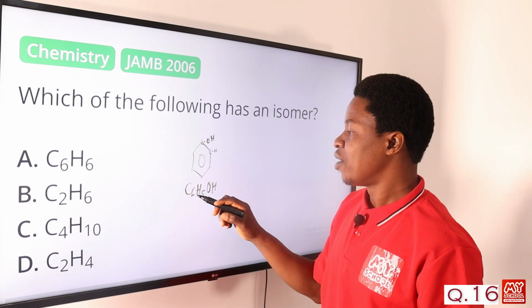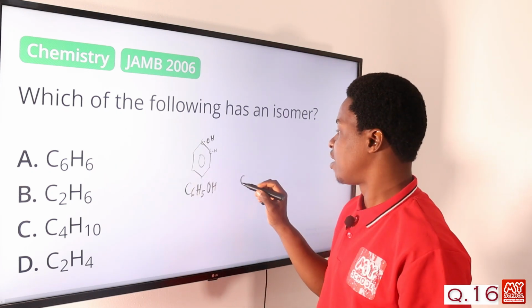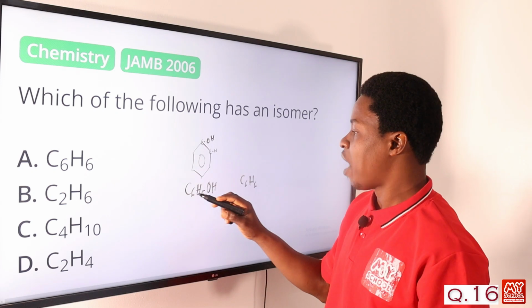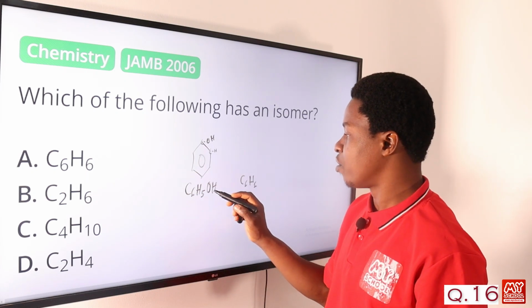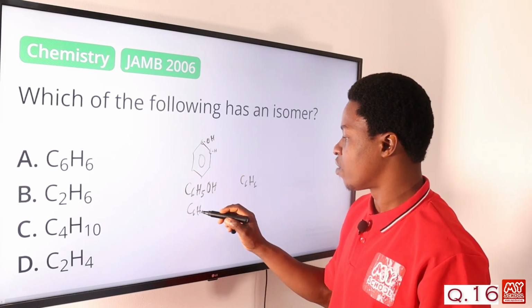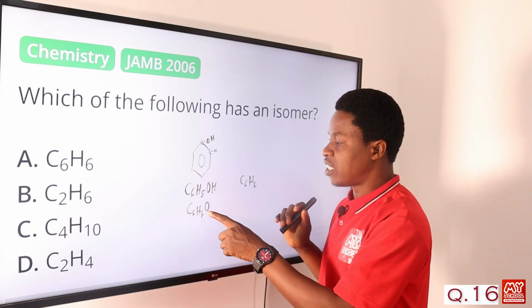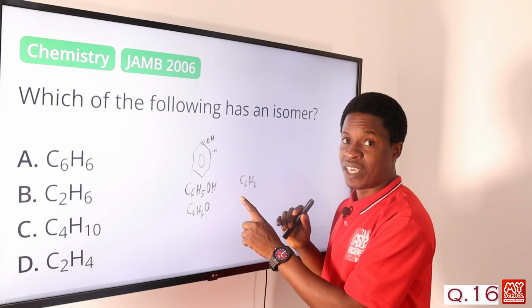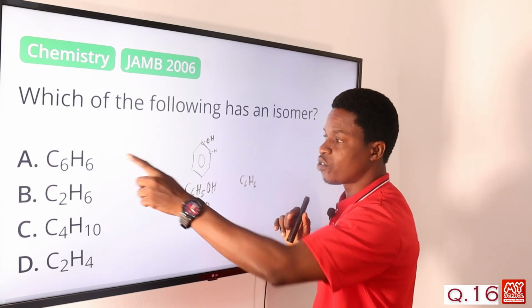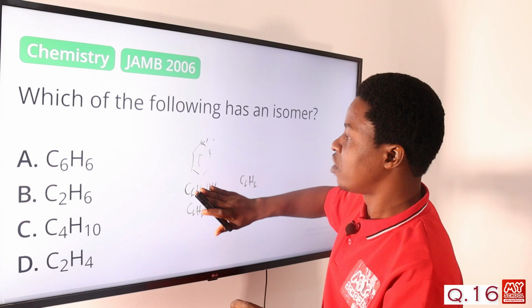Now this one was C6H6. This one, if you count the hydrogens, is also six, but we have oxygen added to it. Because of this oxygen, they are not the same, so this cannot be said to be an isomer.